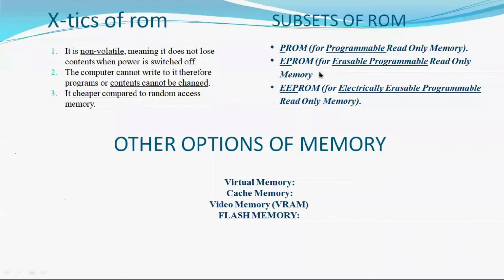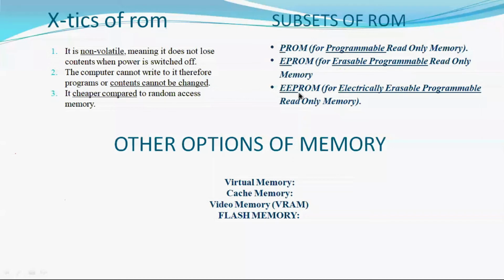Then the EPROM, the E stands for erasable, the P for programmable. The EPROM can be erased by the programmers, and then the information can be rewritten. Are we together? All the instructions on the ROM can be rewritten by the programmers.